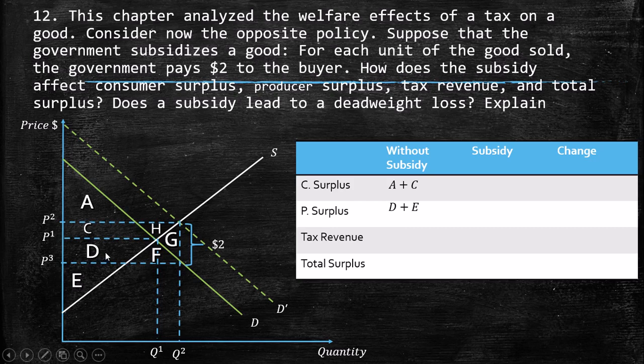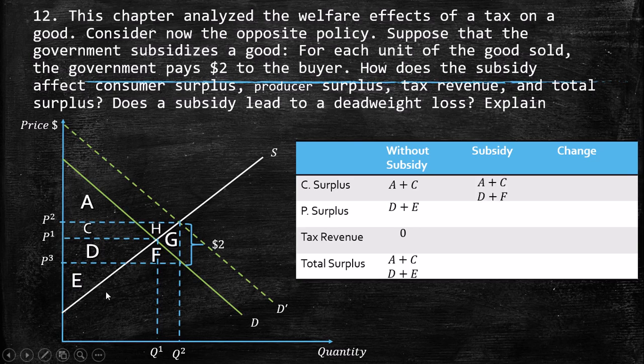So the producer surplus is D plus E. What about the tax revenue? It doesn't appear here in the free market case, because naturally the government doesn't have any intervention in the free market. So in the end the total surplus is A plus C plus D plus E.